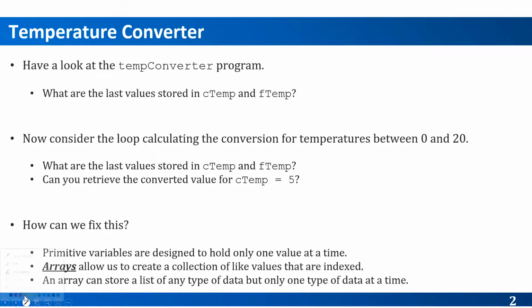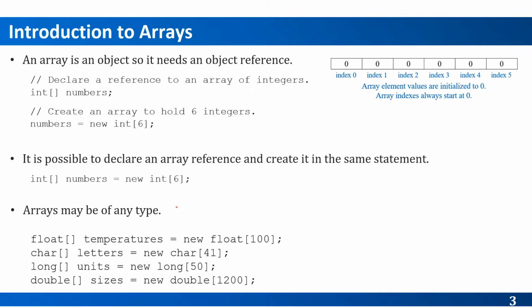The first thing you need to think about is that arrays are objects, all right? And that's why to declare an array, you will need to use the new keyword and something that looks similar to declaring any other object. So it looks like this, okay?